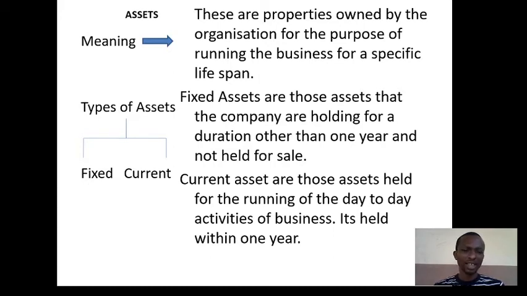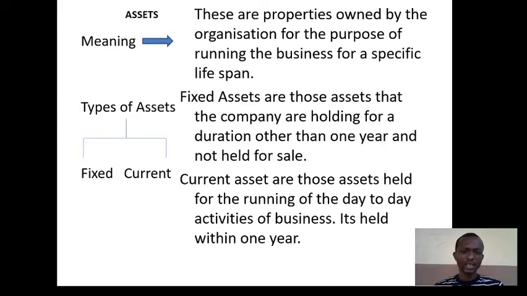These materials are in three forms: raw materials, work in progress, and finished goods. The raw materials are the ones that have not been processed at all. The work in progress are the ones that have been partially processed but not completed. Finished goods are those that have been produced but not sold as at the time you are preparing your balance sheet. All of that you put together to form your stock.